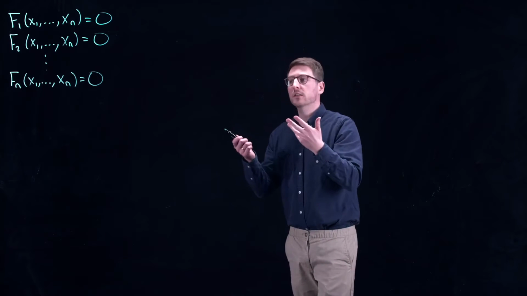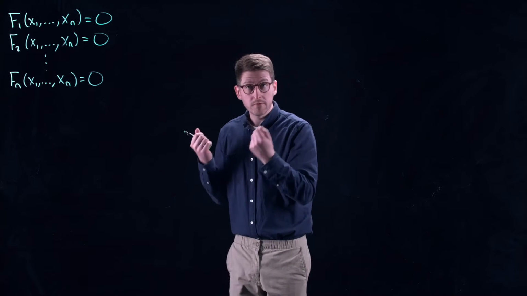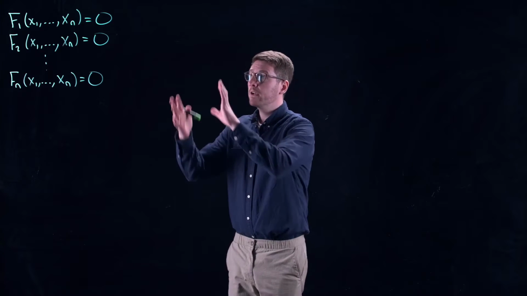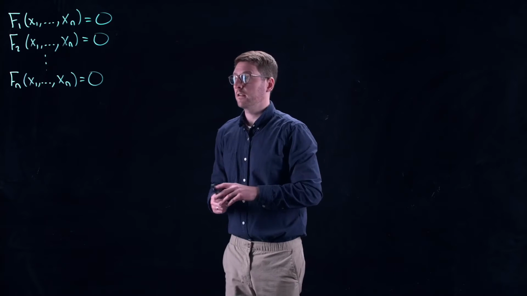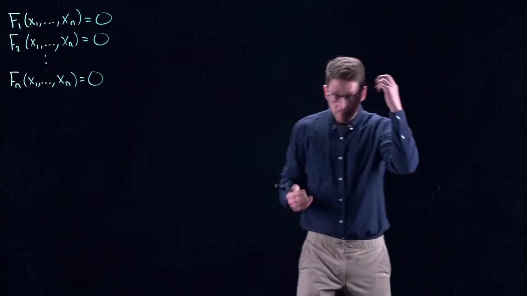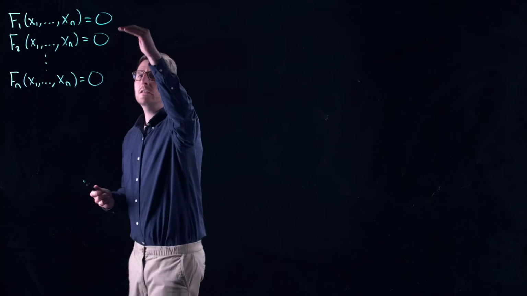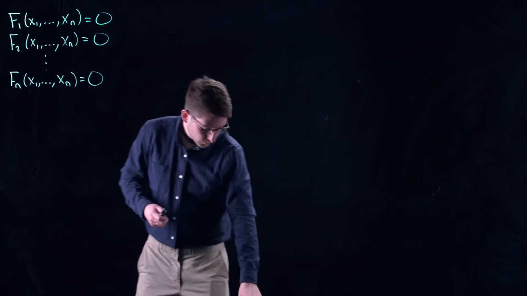So in the context of an optimization problem, this is going to represent the gradient of a function. But for now, let's do this completely abstractly, okay? So we have variables x1, x2, x3, all the way up to xn, and we have functions f1, f2, all the way up to fn, which we would like to solve all of them equal to 0.